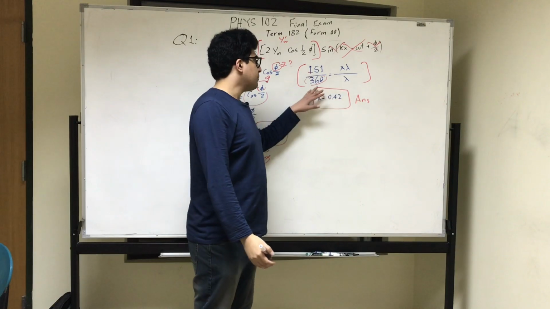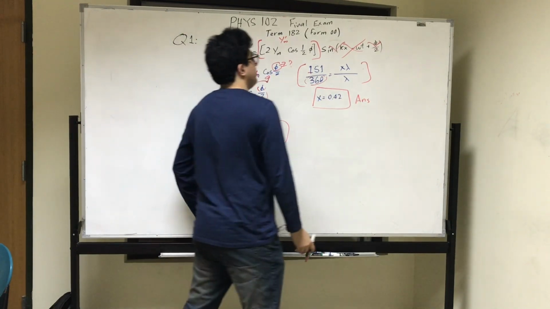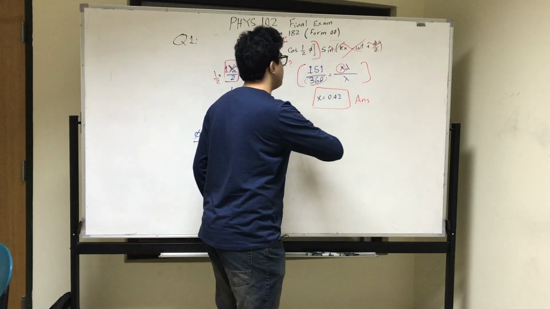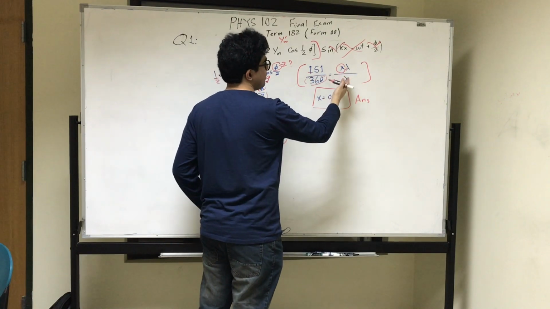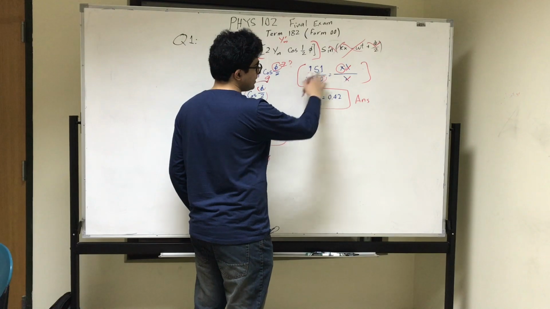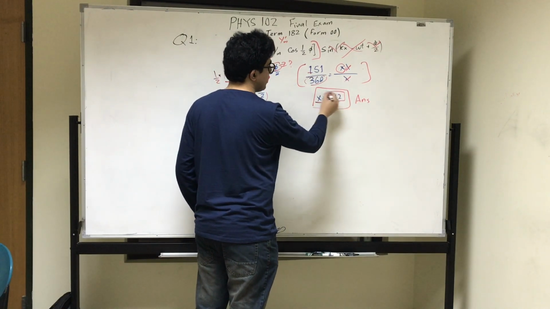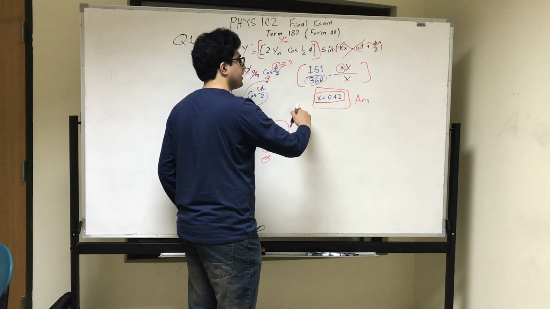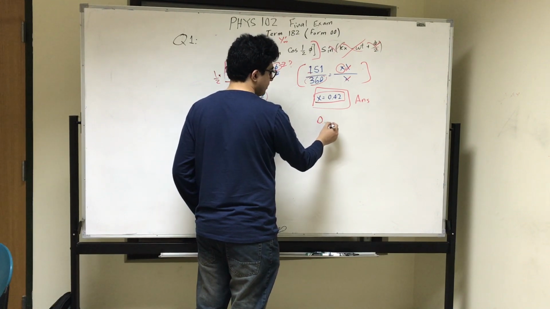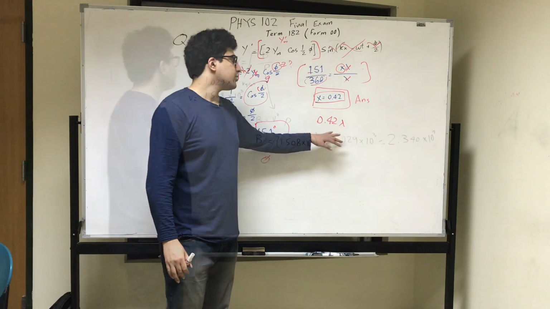These two ratios must be equal. If you solve for x, plug this equation into your calculator and click shift solve, you get that x is equal to 0.42 of one whole wavelength. So the answer is 0.42 lambda, and that is the answer we're looking for.